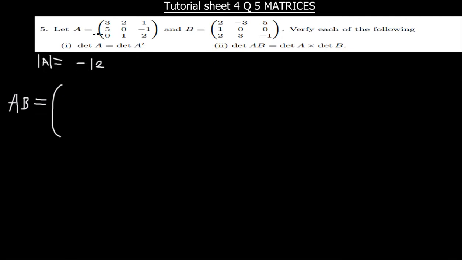So we'll start with this row here. So 2 times 3, I'll get my 6 there. Then 2 times 1, I'll get 2. And then 1 times 2, I'll get 2.